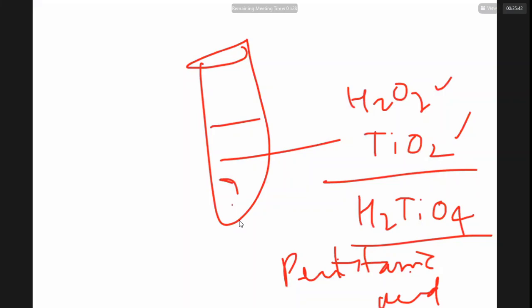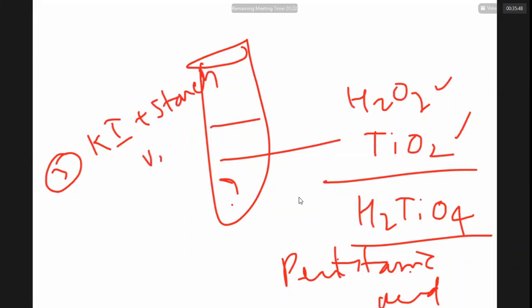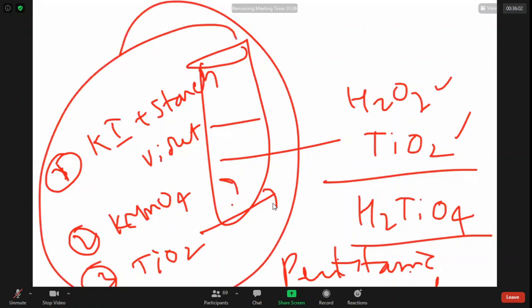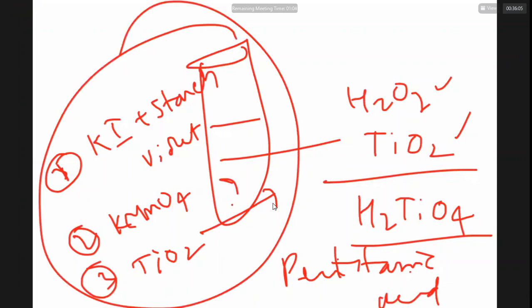Three ways. You add potassium iodide and starch, you get a violet color. You add permanganate, immediately permanganate loses its color. You add TiO2, you get orange-colored pertitanic acid. So one can identify H2O2 with these three tests. You understand?